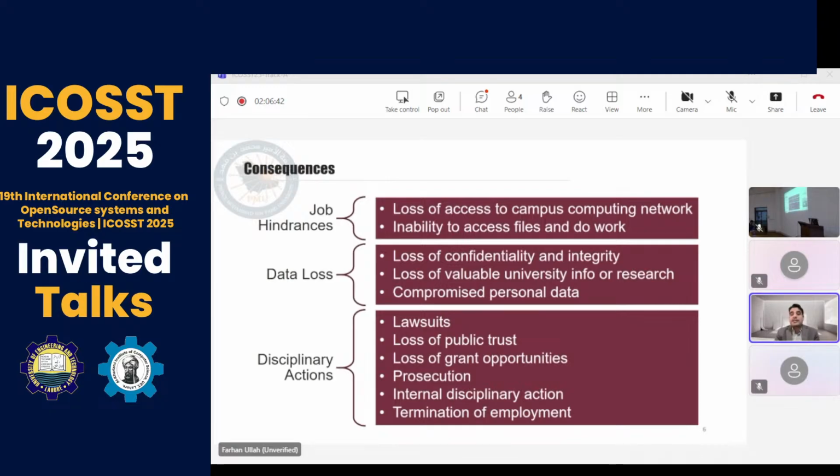At the end, maybe we can lose our job. So we need to design some methods that can help us identify these actions or attacks from hackers.